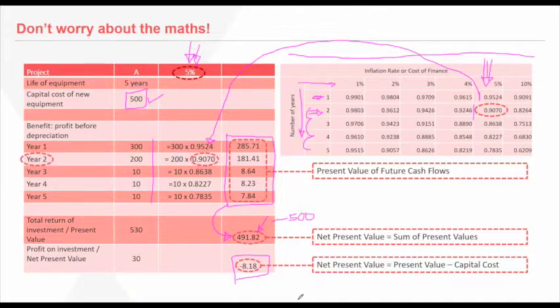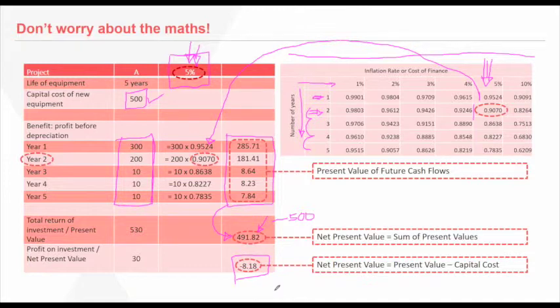Now, that net present value is very dependent on your expectation of your future cash flows, and it is very dependent on the discount rate that you've used. So if you're undertaking this exercise, you need to spend time making sure that your future cash flow expectations are as right as you can make them. And you need to think very carefully about what discount rate you use.